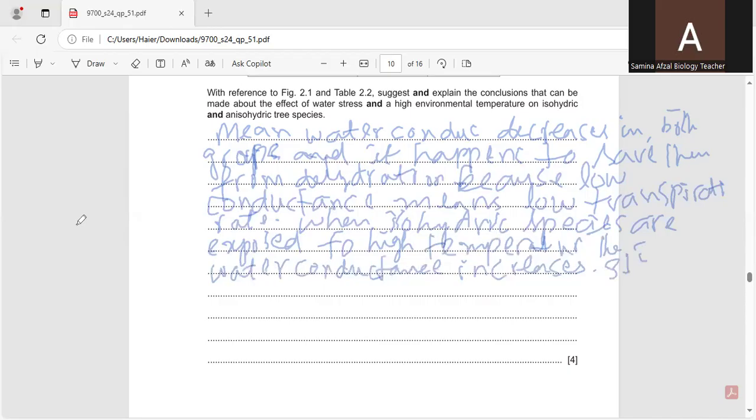And 35 degrees, you know, the 35 degrees centigrade is the optimum temperature for enzymatic reactions.